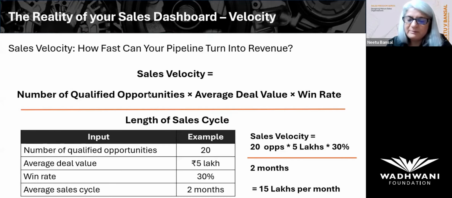Maybe win rate is very difficult to change at this stage, but opportunities and average deal size, if you are able to do that, and average sales cycle also, there is a way to reduce it. We're not covering that today, but let's say we keep these two. If you just increase 2x opportunities and 2x deal value, your velocity from 15 lakhs will become 60 lakhs.